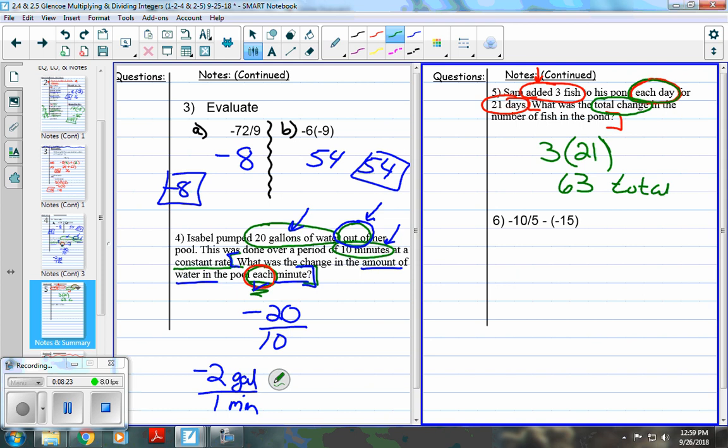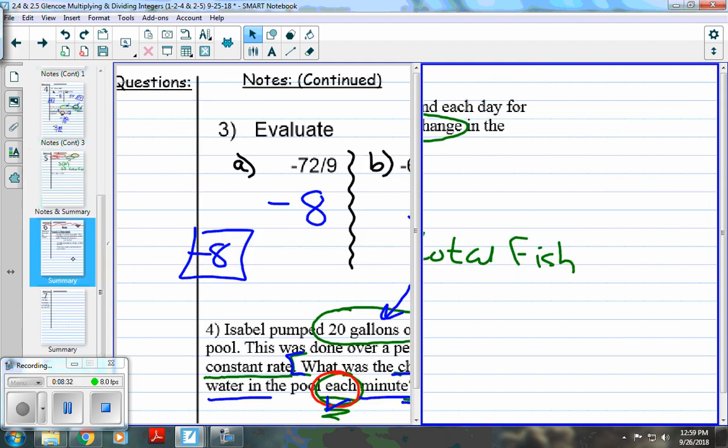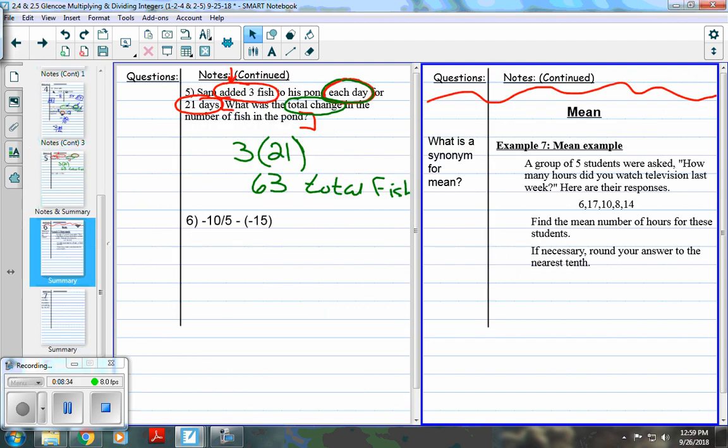To prevent this from going too long, I'm going to show you example 7, which is a mean problem, and we're actually going to evaluate the mean in class. Before I have you copy that down though, I do need to express there's a synonym for mean. What's the synonym for mean? Yeah, if you said average, it is average.